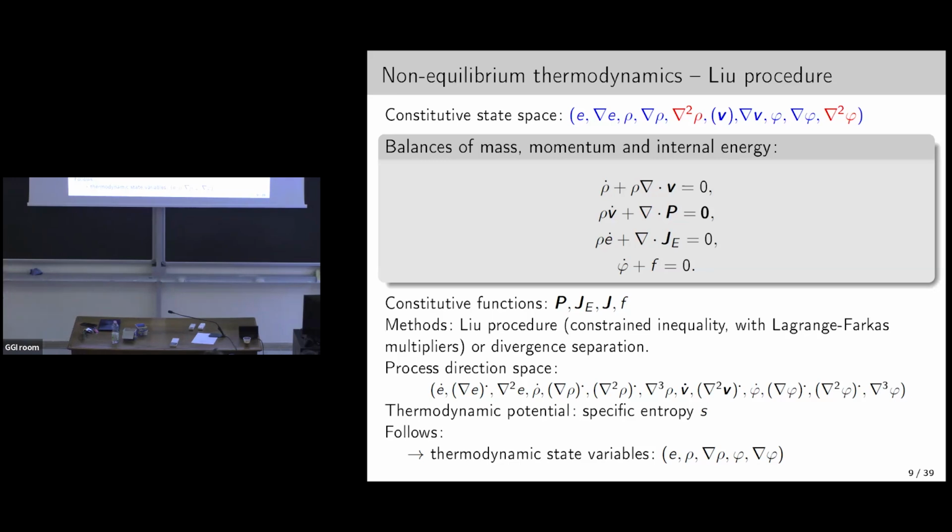Mostly they are based on, let's say, this is a constrained inequality. The best thing is using some kind of Lagrange multipliers. In the case of inequalities, especially differential inequalities, they are called Lagrange-Farkas multipliers. Then they give constraints on how the various constitutive functions should look. In essence, it is not very complicated, very straightforward, but can be time consuming.